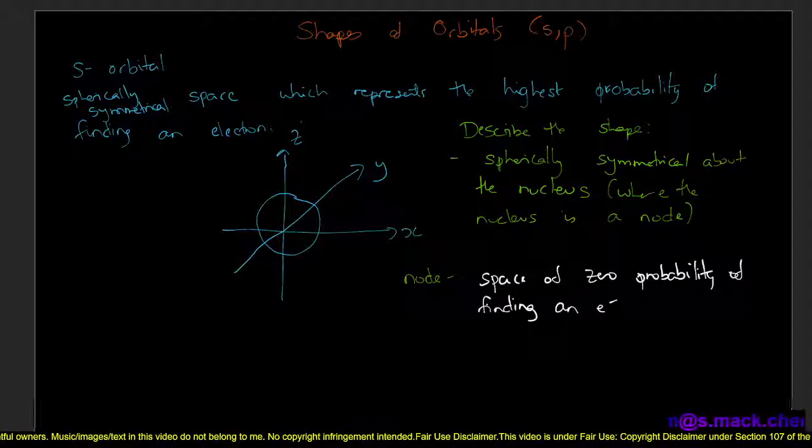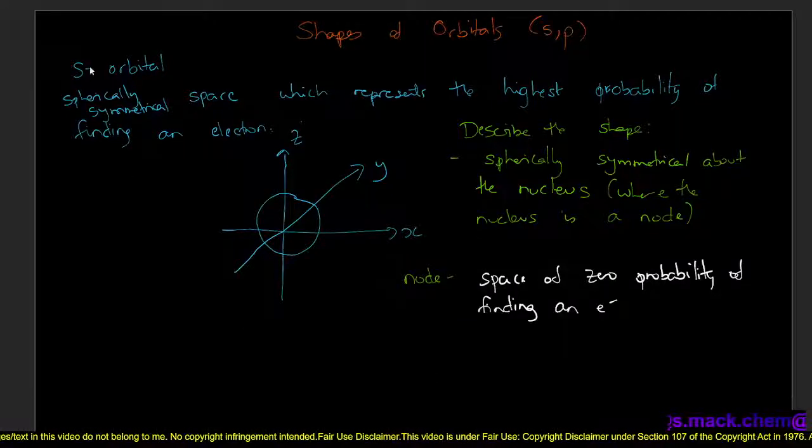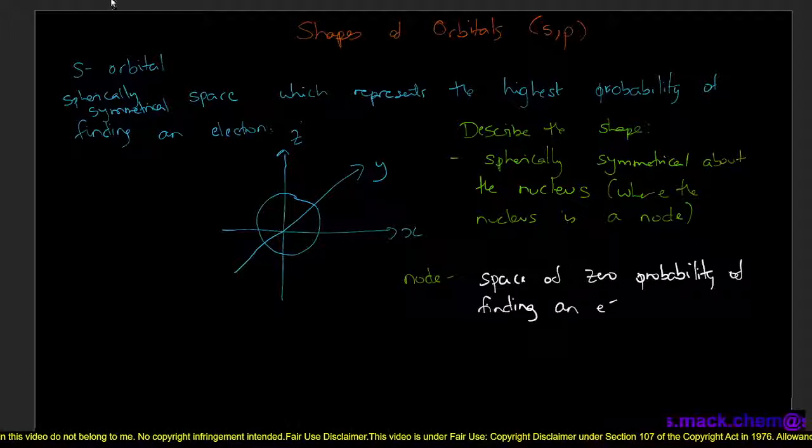Now in my diagram, I have shown that the s orbital is spherical in shape. So does this mean that every s orbital found in the first shell, the second shell, the third shell, are they all the same size spherically?